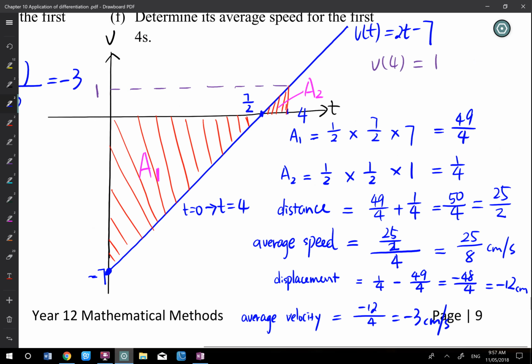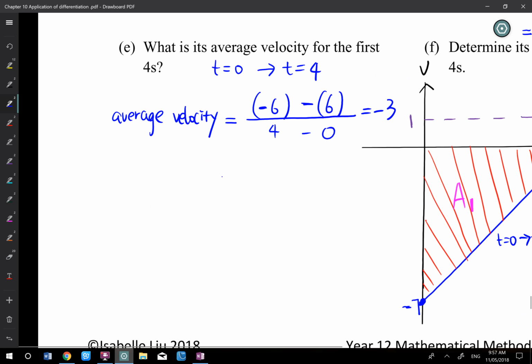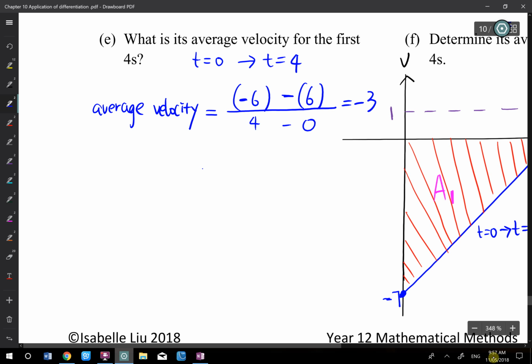I just want to add one more thing to cover everything we have learned. What is the average acceleration for the first 4 seconds?